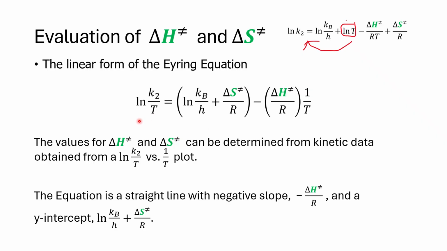We obtain a straight line. And the feature of this plot allows us to determine the transition state parameters, where the slope is the negative of the enthalpy of activation divided by R, and the y-intercept provides the entropy of activation.